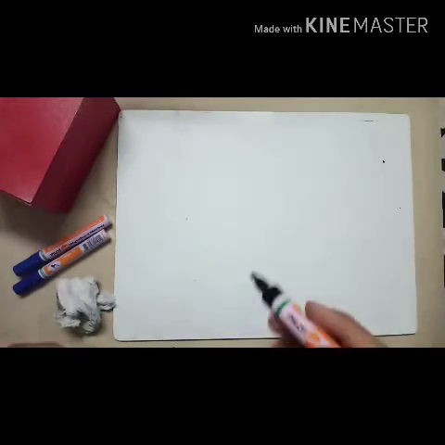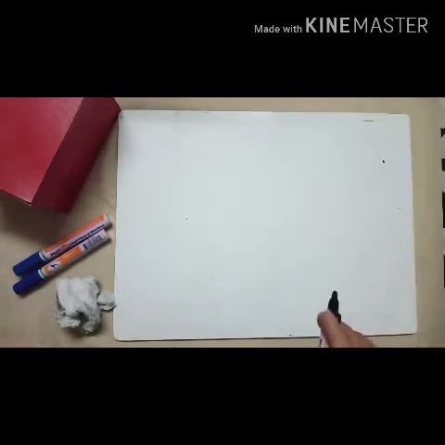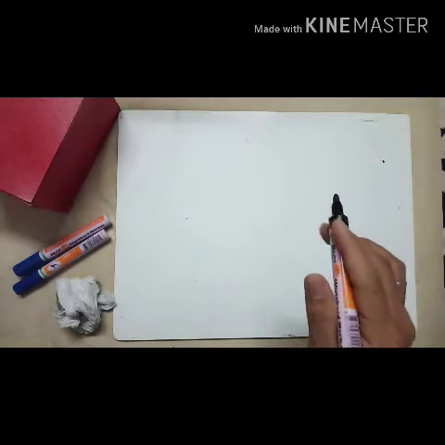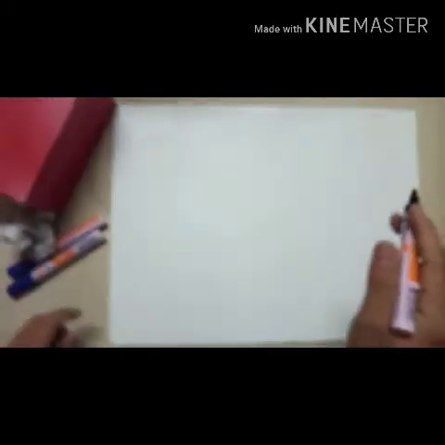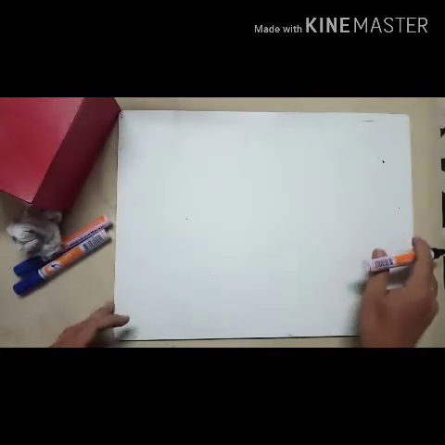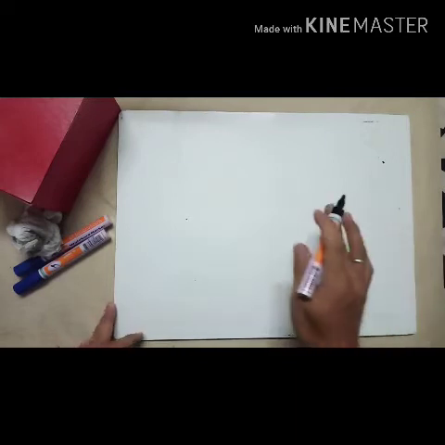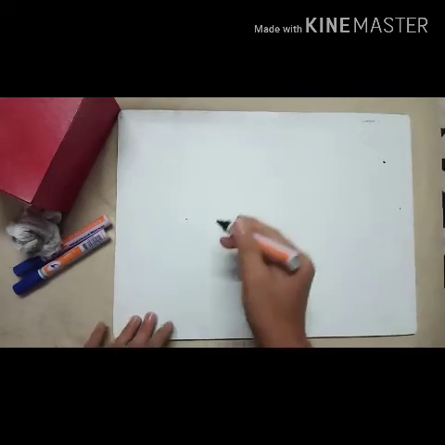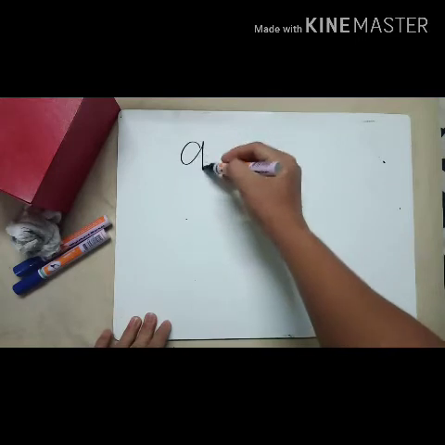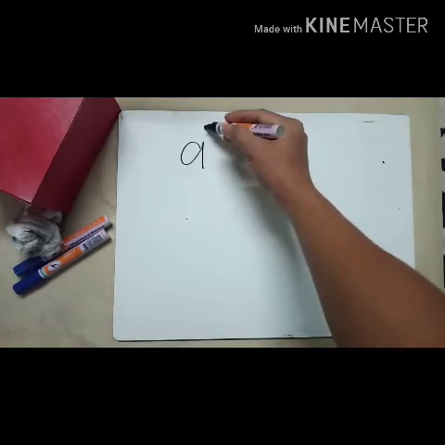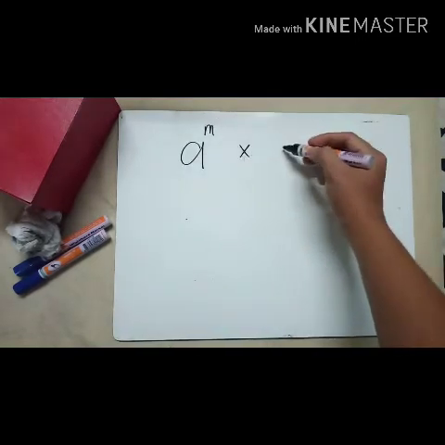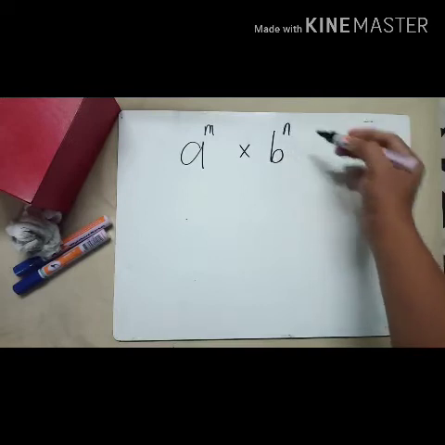What if they are not the same base? Can you add the exponents? Well, you cannot add the exponents. So for example, a raised to the power of m times b raised to the power of n.